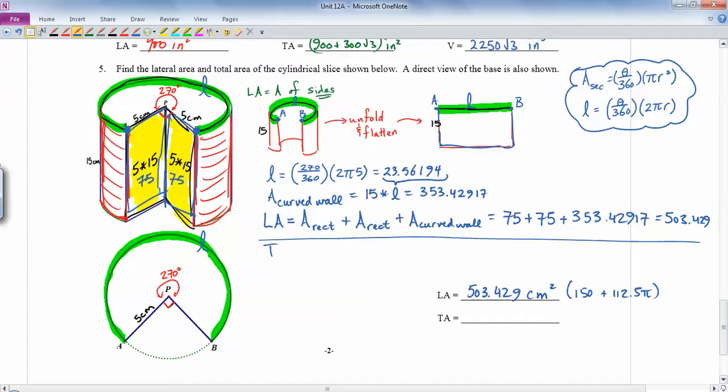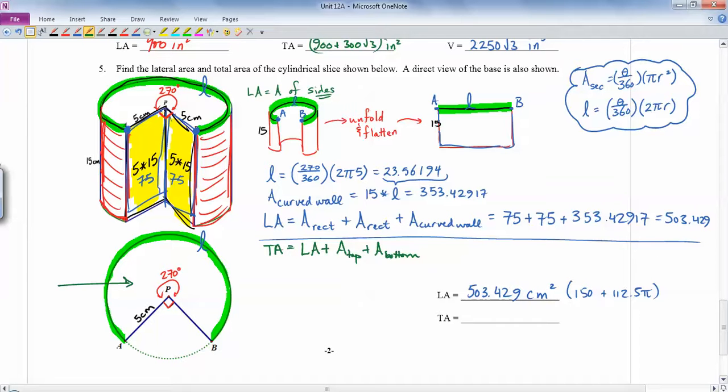Okay, let's do total area. So total area, let me use a different color. Total area is going to be the walls, so the lateral area, plus the area of the top, plus the area of the bottom, which are two of these sectors here, right?